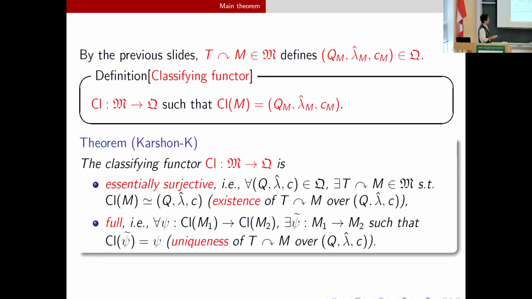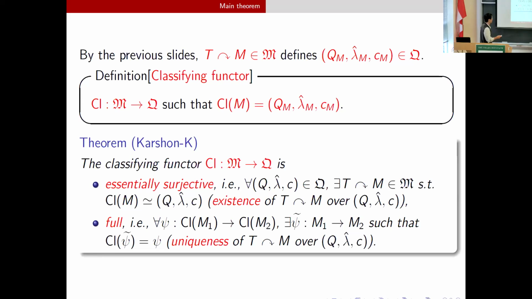Equivariant cohomology. Anyway, in a toric case, I think this C is trivial. So we need Q and lambda hat to determine equivariant cohomology as an algebra.